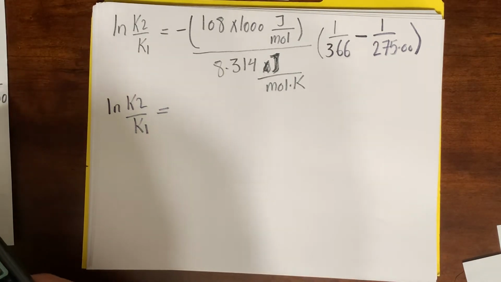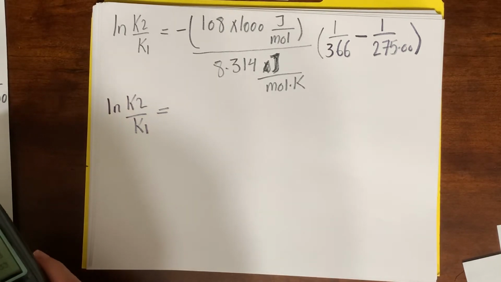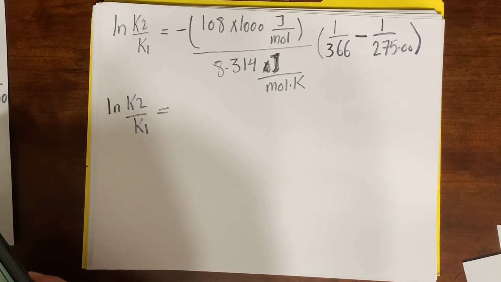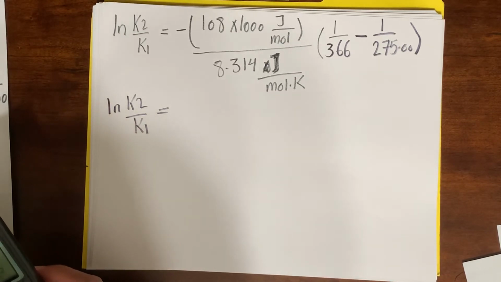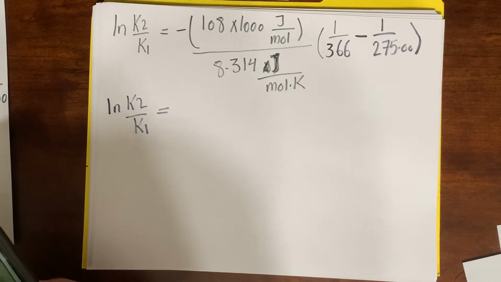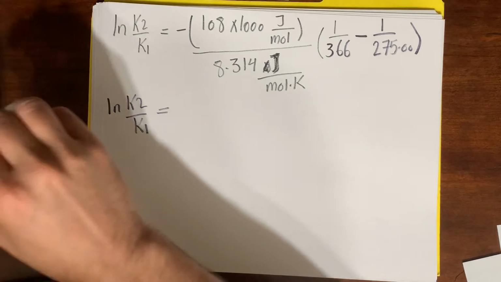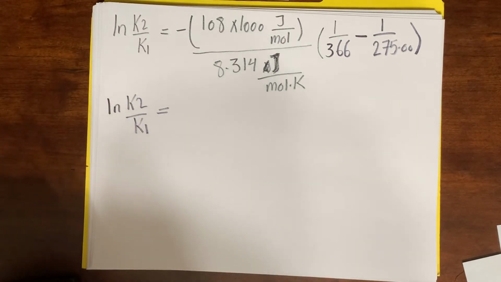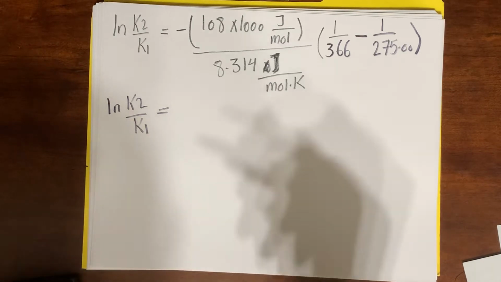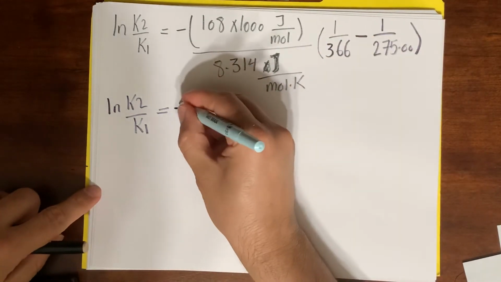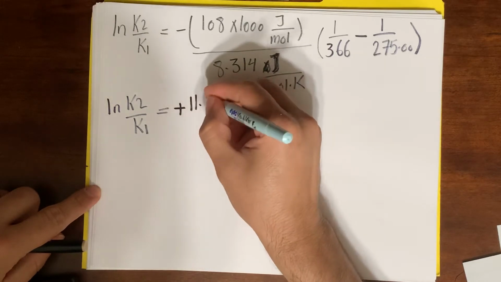Let's double check it. 108, multiply by 1000, divide by 8.314. Okay, multiply by 1 divided by 366 minus 1 divided by 275. So again, 11.74. Okay. So I got negative times negative, it will be positive, so it's 11.74.